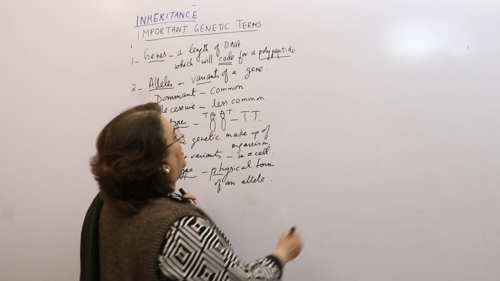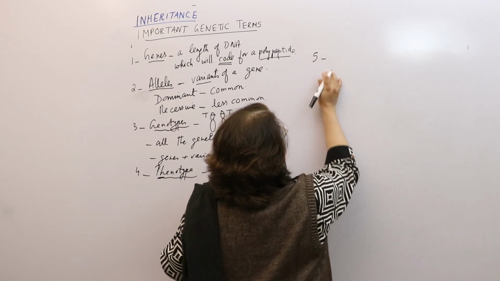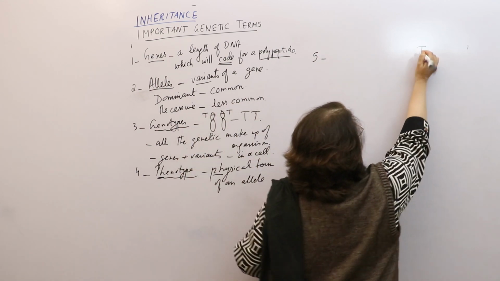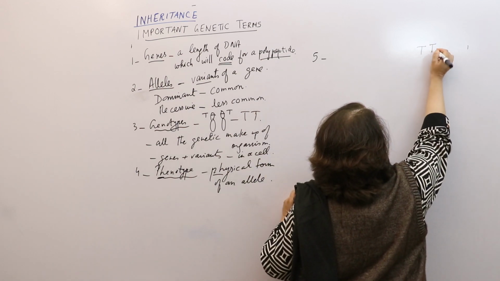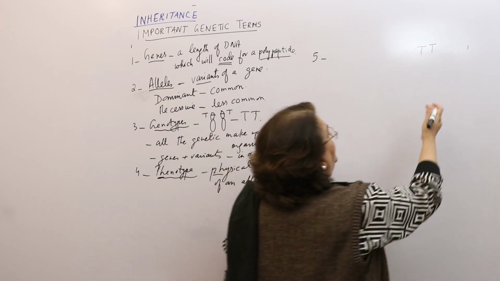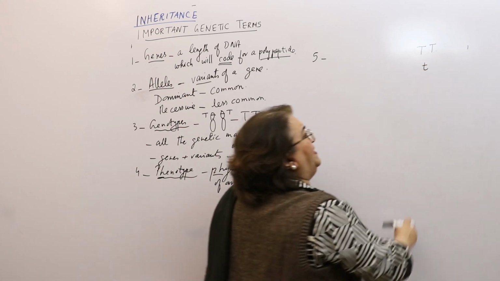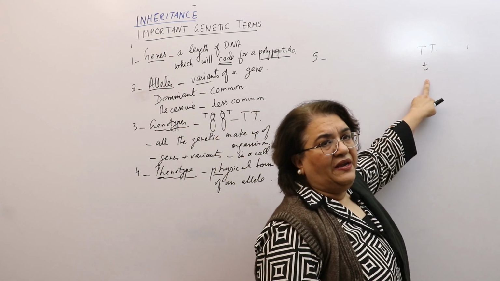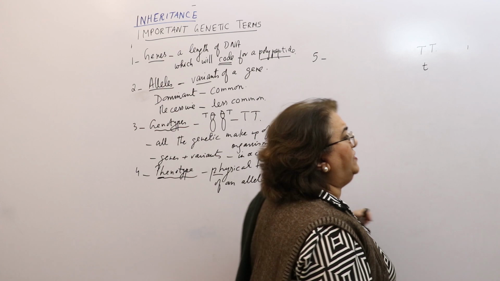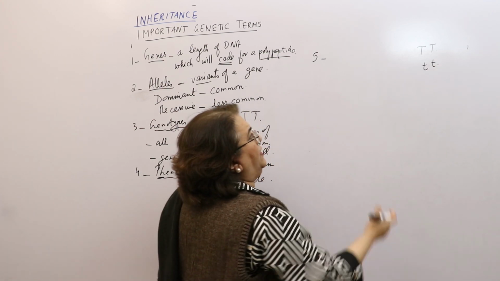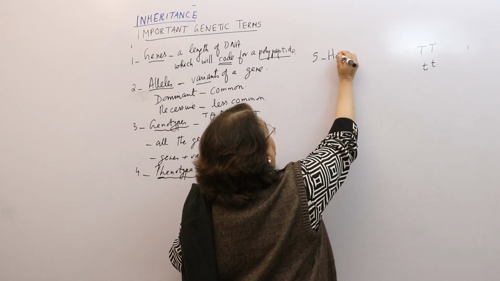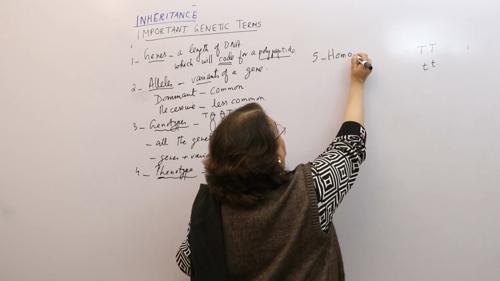So let's first of all have a look at this. If I have capital T, and the allele next to it is also a dominant one, what do I say this is? Or if there is a recessive allele and the allele next to it is also recessive, how do I describe it in words? The word that represents this condition is homozygous.